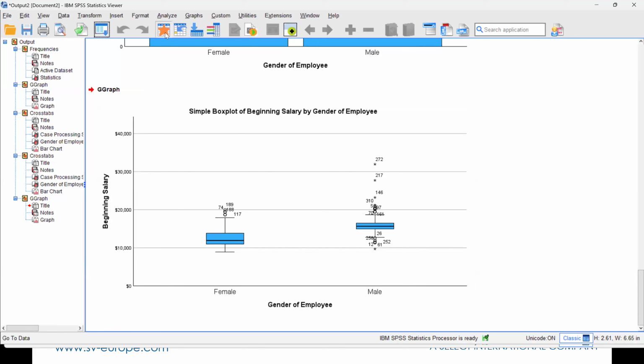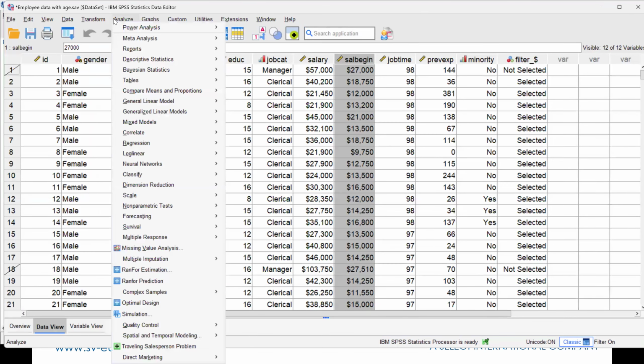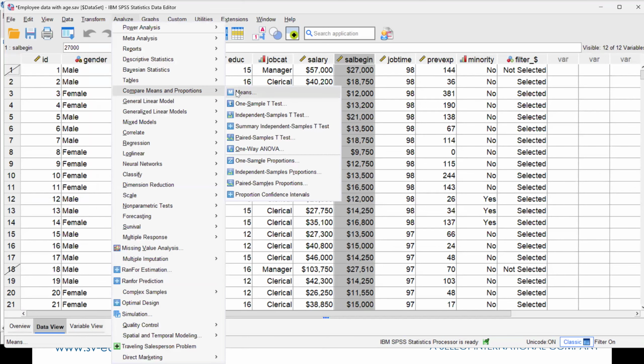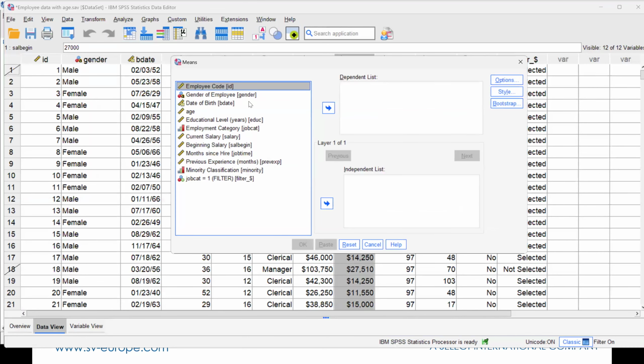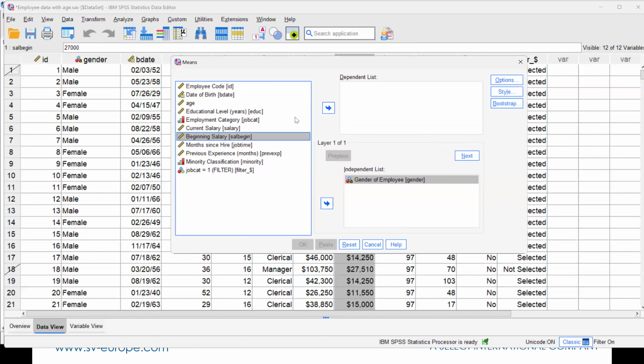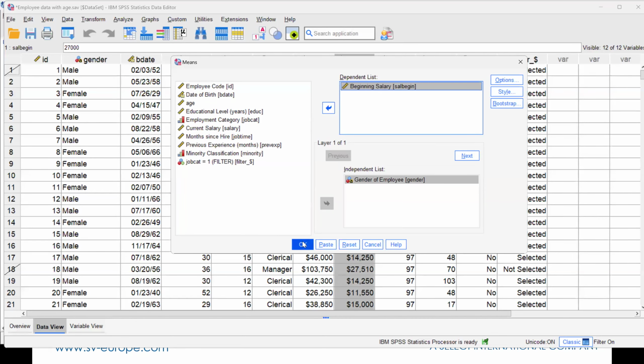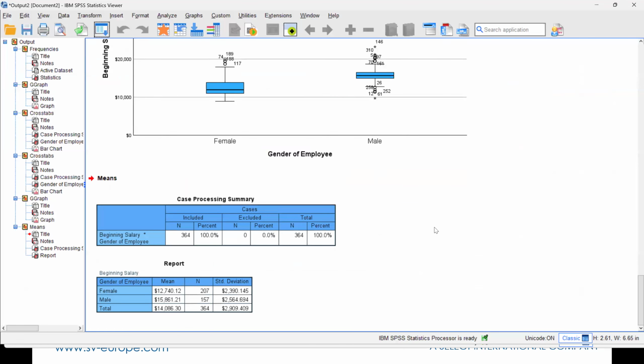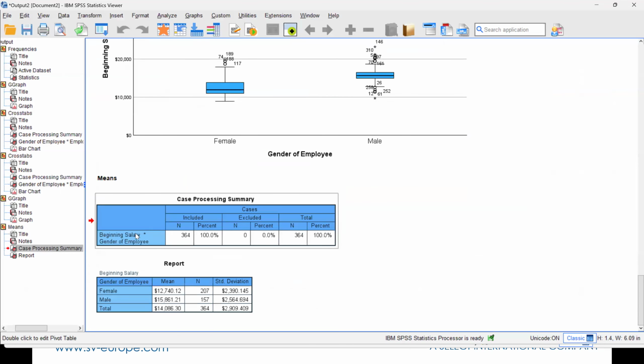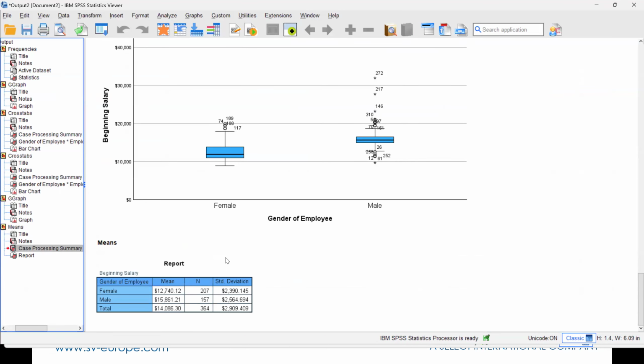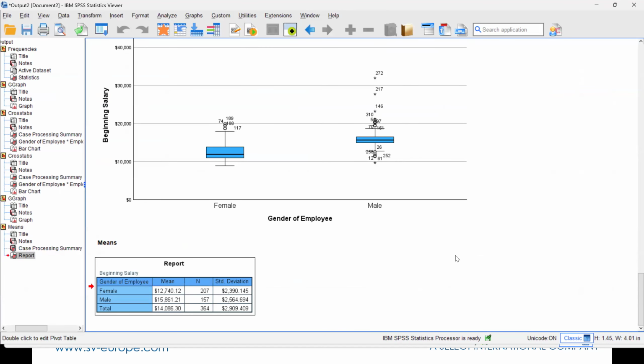Okay, let's just boil this down and have a little look at the differences in terms of their averages. So if I want to compare the averages, I'm going to go and say, let's look at the means. And we'll look at gender broken down by beginning salary. And I'll click OK at that point. And it just gives me this little table here. This processing summary is just something you get. I don't really need that. It's just telling me if there's any missing data. And this is the little table we want.